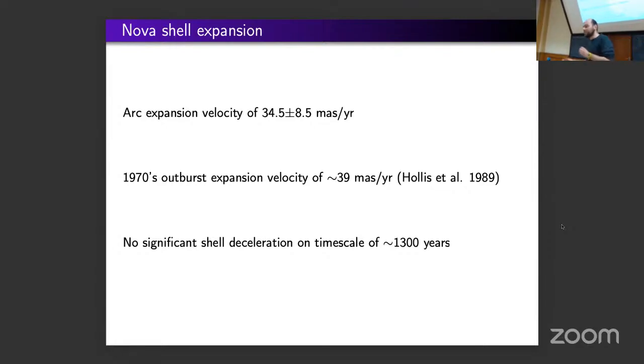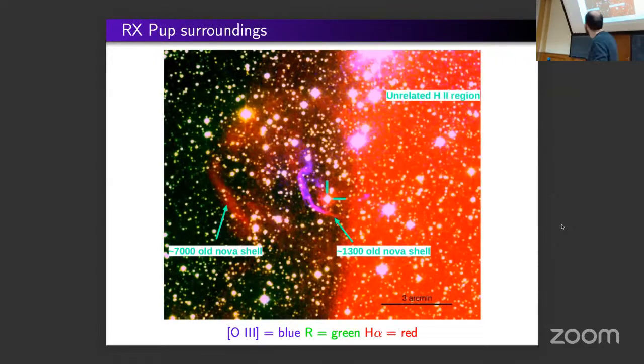So it seems that even for 1300 years, the nova ejecta doesn't slow down. We don't really understand why, because logically it should slow down, but it seems that it doesn't pick up enough interstellar matter on the way to slow down. Okay, so this is a really old nova shell, it turns out. So this arc is 1300 years old, and this half shell, which you don't see clearly on the screen, has very similar morphology to this arc.